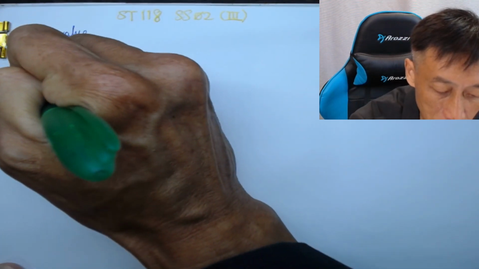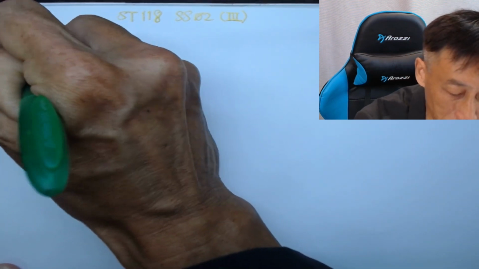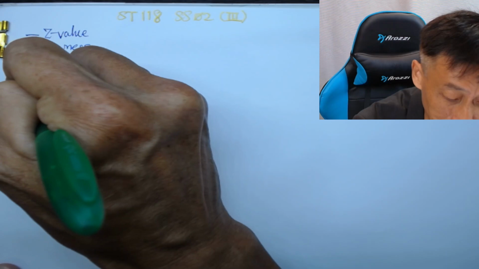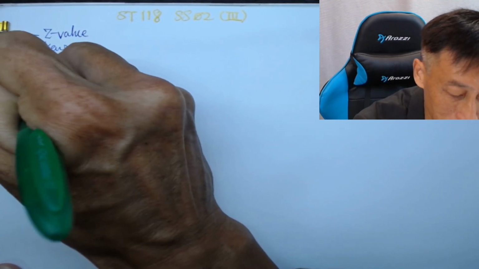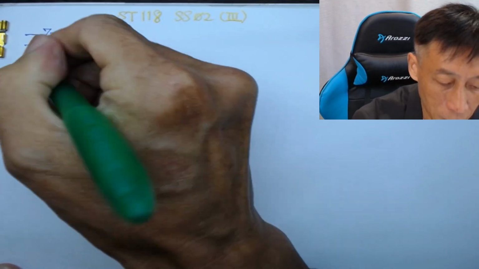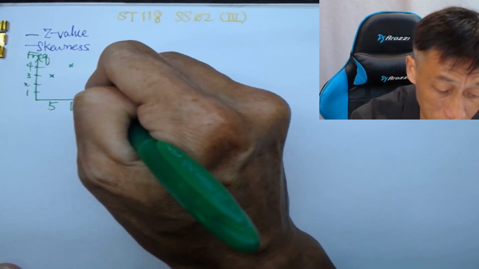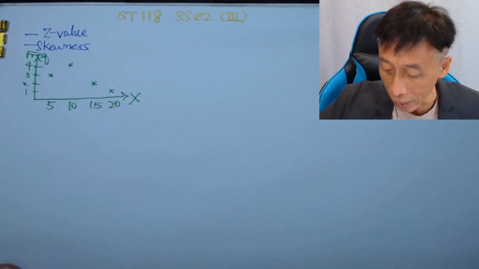Before we start, let's recap the familiar example that we have been using, which is having 1, 2, 3, 4. So that's 4. And we have 5, 10, 15, 20. We have 3 counts of 5, 4 counts of 10, 2 counts of 15, and 1 count of 20.